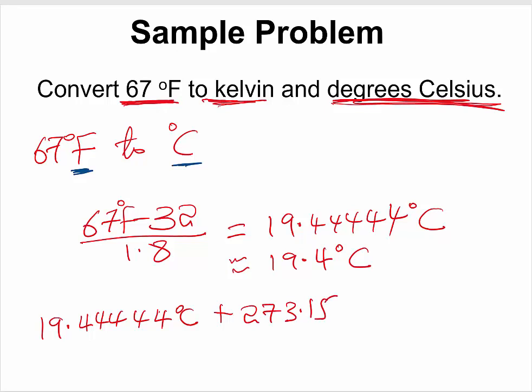And if you do that, you should get 292.59444 Kelvin, which again rounded to 1 decimal place would be 292.6 Kelvin.